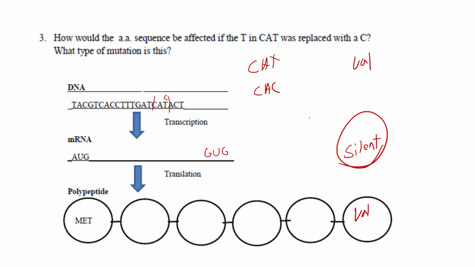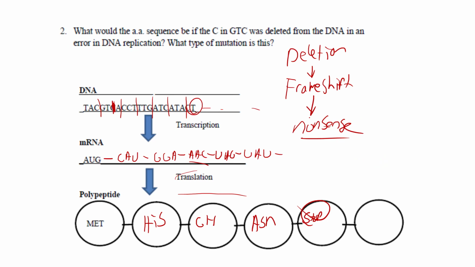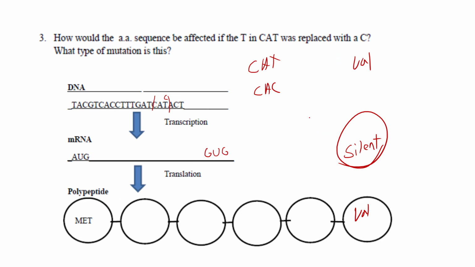So in this worksheet, if we go back up to number 2, we had a deletion that led to a frame shift mutation that led to a nonsense mutation. So nonsense mutations can arise in different ways. We also had an example here of a silent mutation where both cases coded for valine, VAL.